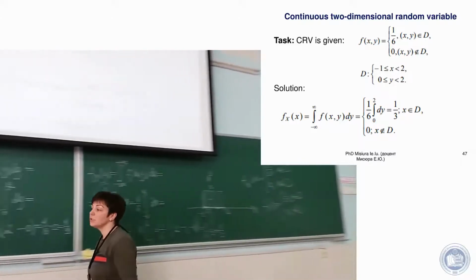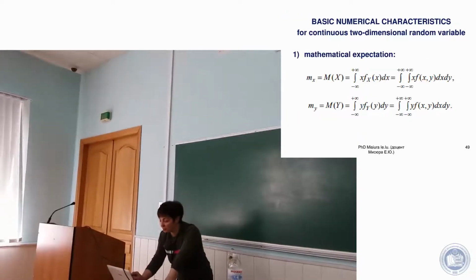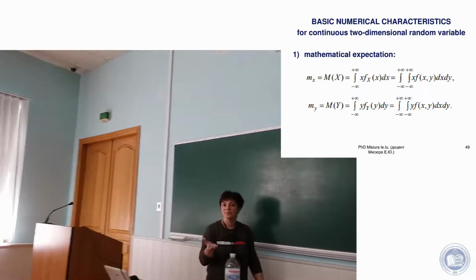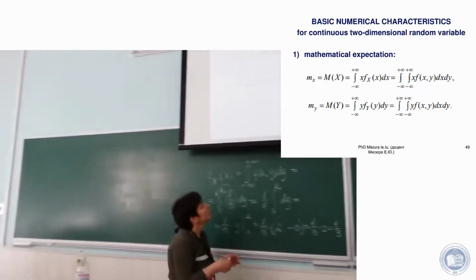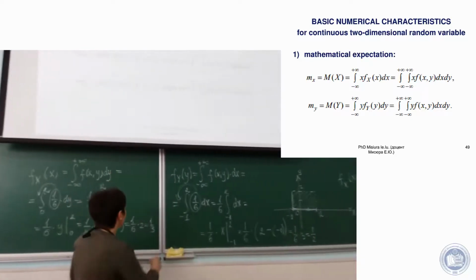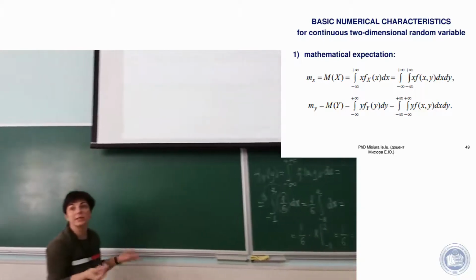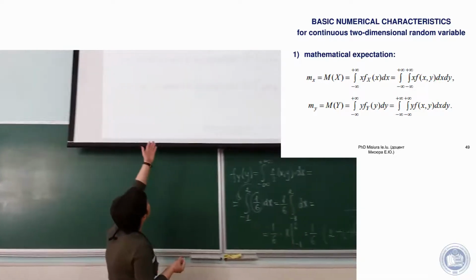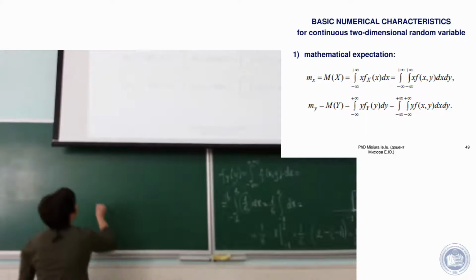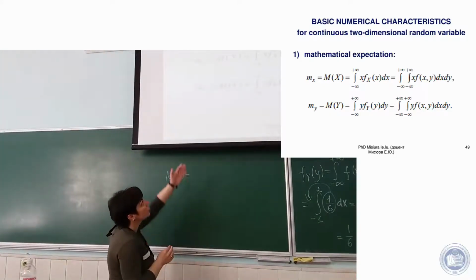Okay, let's continue. Let's remember, any continuous random variable has basic numerical characteristics. Let's look at basic formulas. For example, students, let's find mathematical expectation for variable x. In order to find M of x, you need to use this formula.